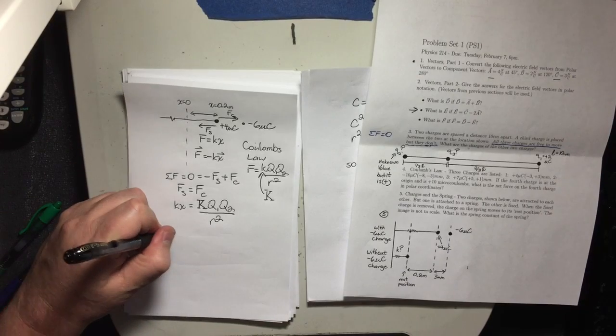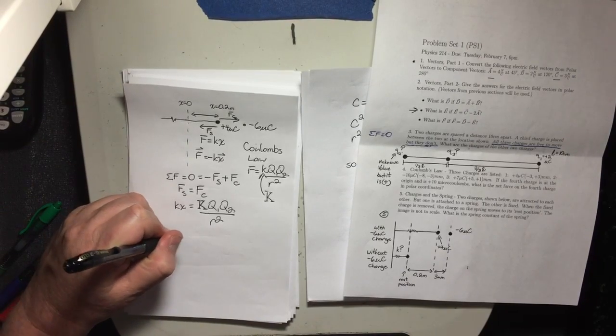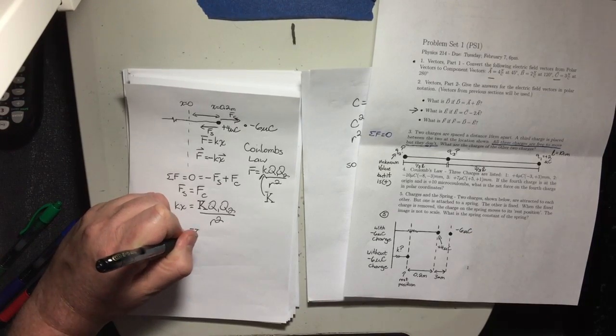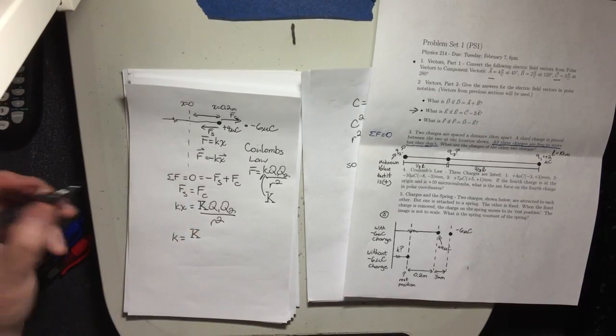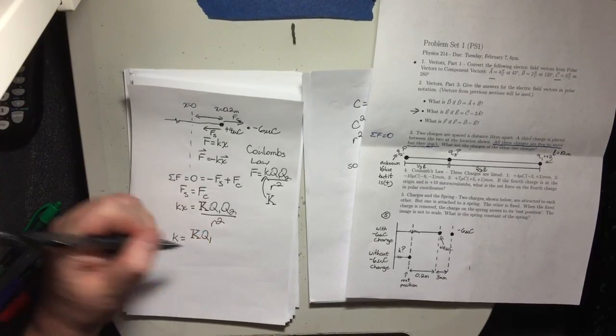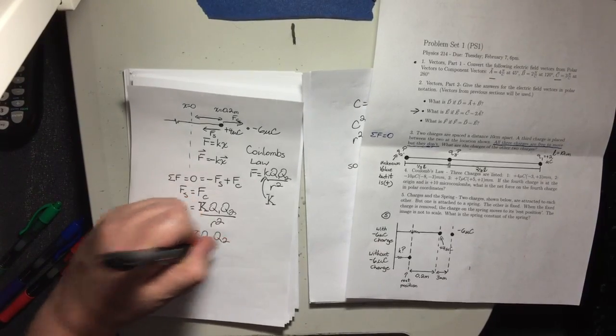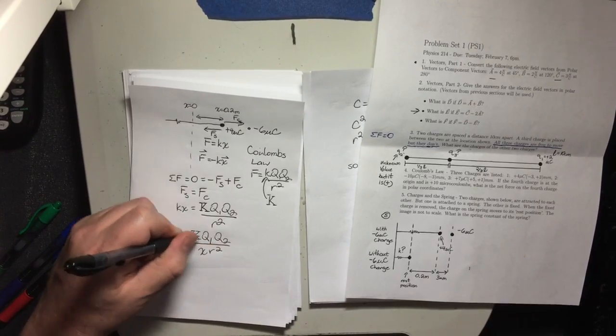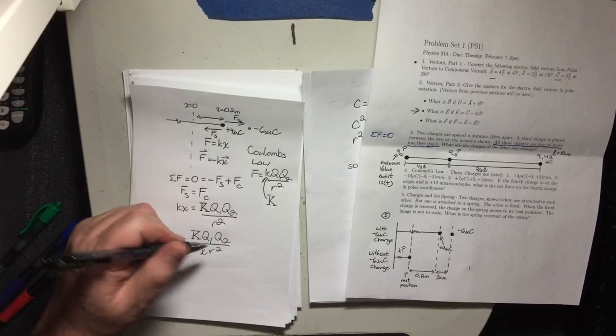I'm looking for the spring constant. So the spring constant k is that charge, Coulomb's law K, Q1 Q2 over x r squared, where these are the magnitudes of the charges.